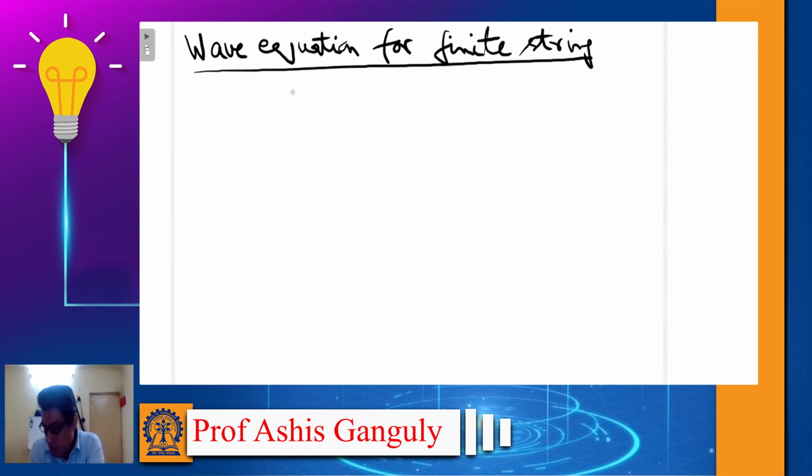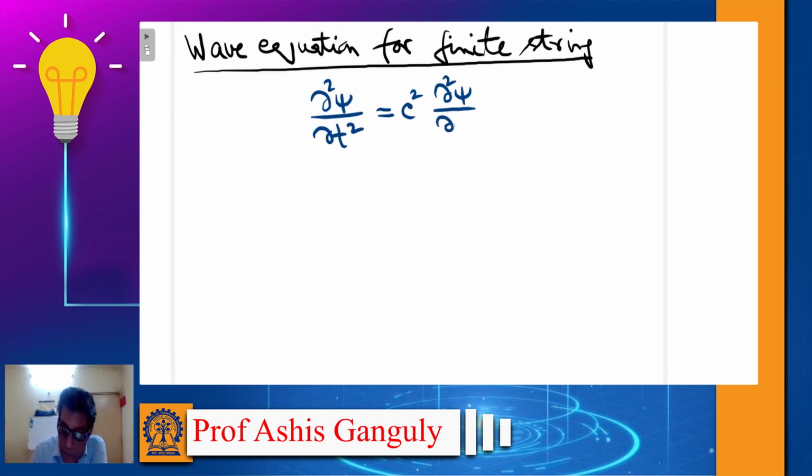Essentially the differential equation is the same, which is del square psi by del t square equal to c square del square psi by del x square, x belongs to (0, L) and t greater than or equal to 0.